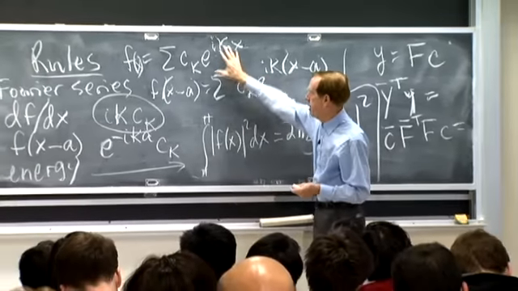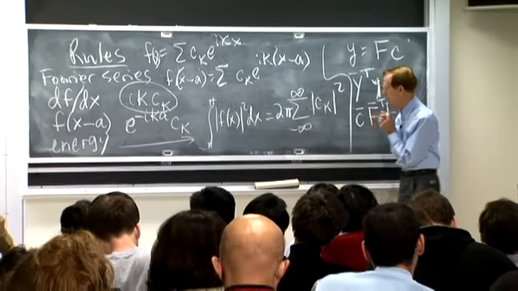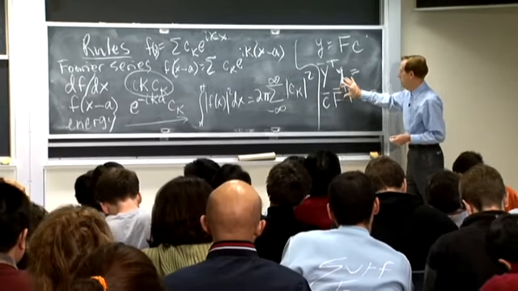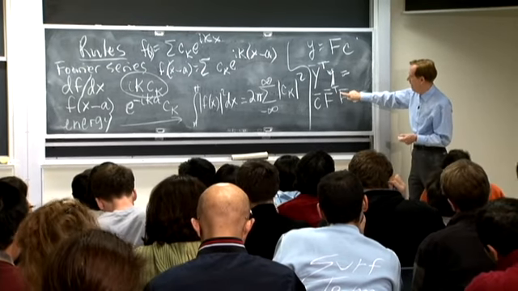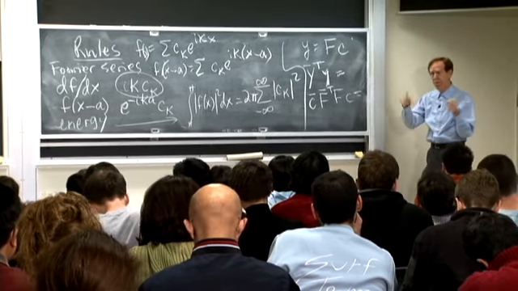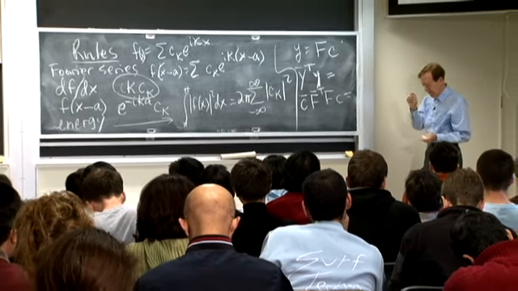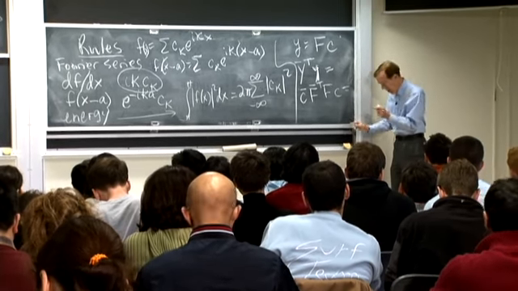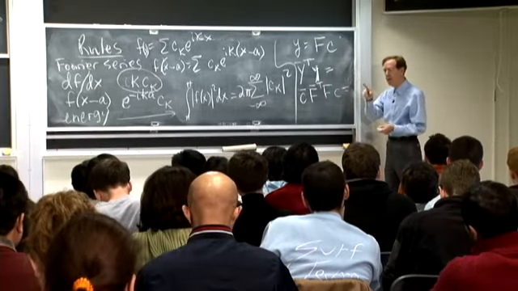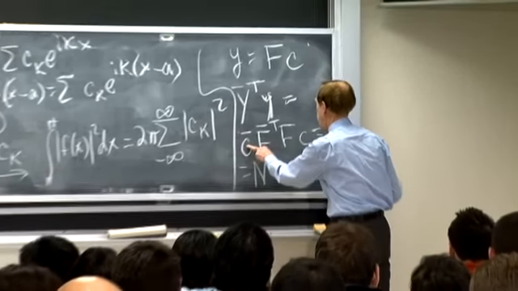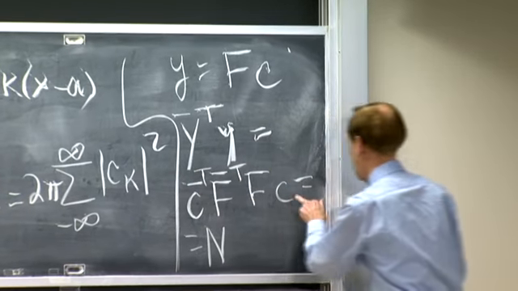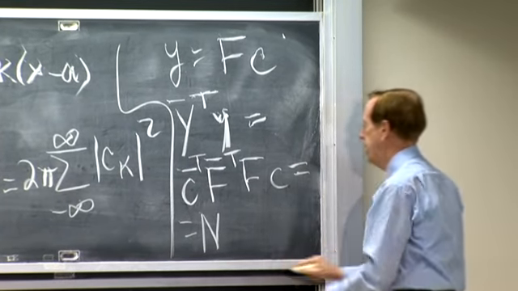When I put that into there, a whole lot of integrals had to be 0. When I put this in, a whole lot of dot products have to be 0. Rows of F bar times columns of F, all 0, except when I'm hitting the same row. And when I'm hitting that same row, I get an n. So I get n, c bar transpose c, and that's c squared.